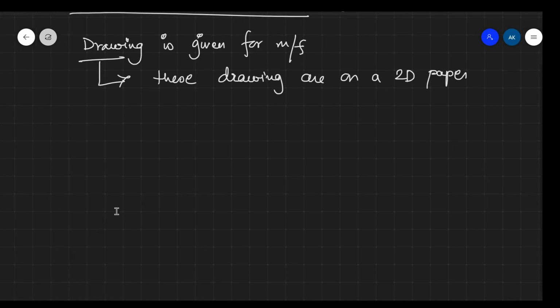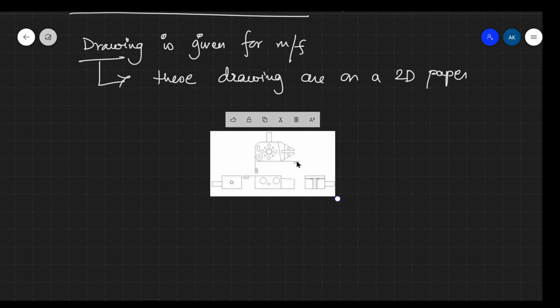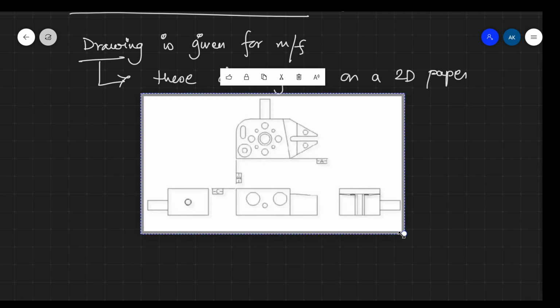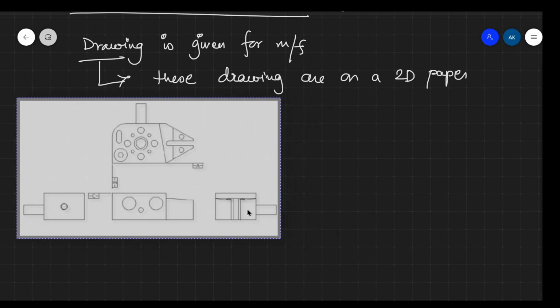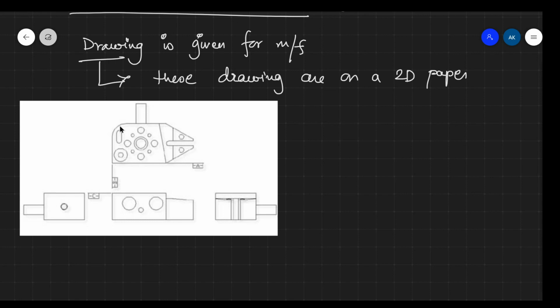Just see. Now you can see here that this is the job, right? This job has to be manufactured by machine. So the drawing will have three different projections: front view, back view, top view, and we will have some datum lines.